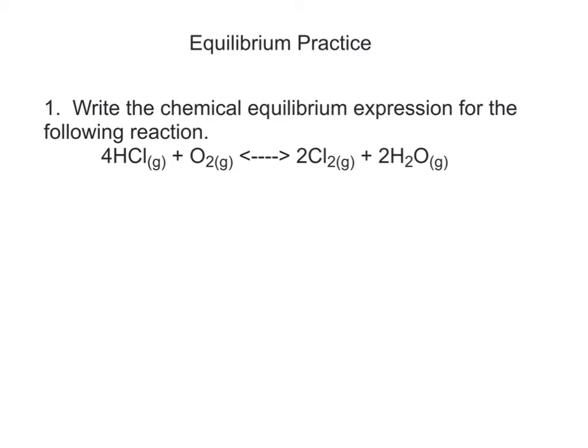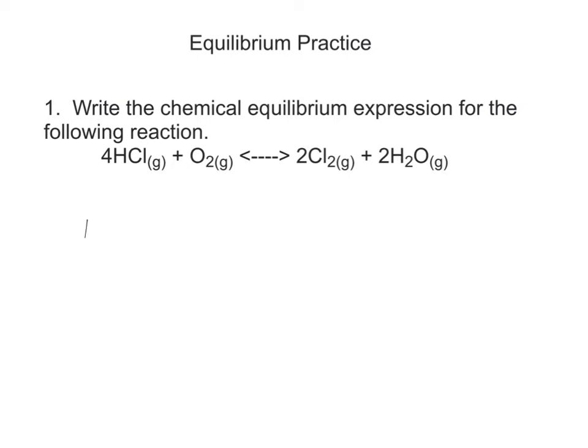So the first one here says write the chemical equilibrium expression for the following reaction, which is 4 moles of HCl gas reacting with 1 mole of oxygen gas in equilibrium with 2 moles of chlorine gas and 2 moles of gaseous water vapor. Okay, this is an easier one because it doesn't have any numbers to chug, so we're just going to have to write the expression.